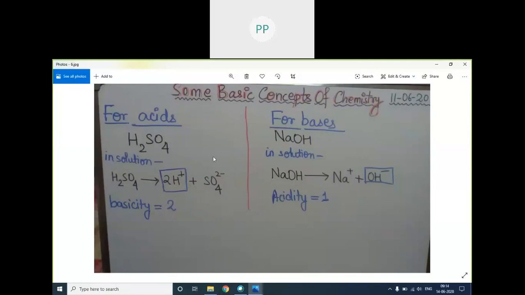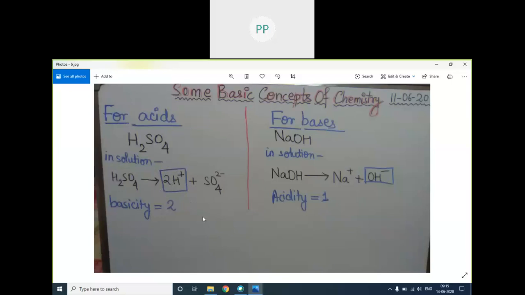If you balance that, it will give 2 H plus ions. How many H plus ions are given by an acid is the basicity of that acid. Here H2SO4 is giving 2 H plus ions in the solution, so its basicity will be 2.